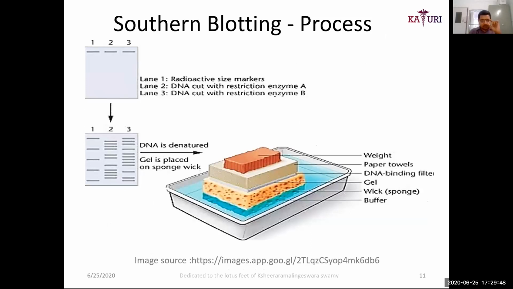If you want to understand the blotting technique, you have to go through this diagram very carefully, because this is the schematic diagram showing how the buffer moves through the gel and finally it is put on the nitrocellulose paper. If you see here, the DNA binding filter paper. Let me show that.